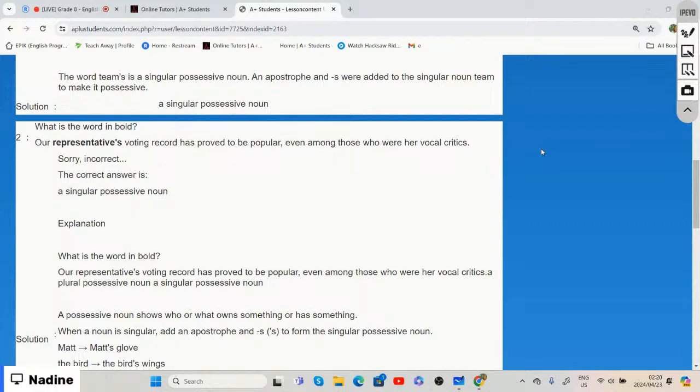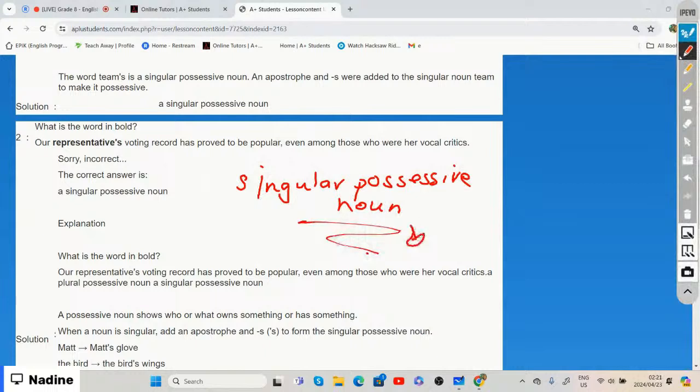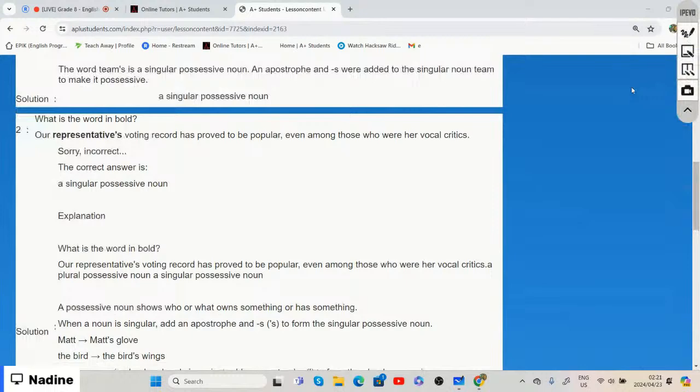All right, and if we choose the correct noun, we can say representatives' is a plural possessive noun, right? And basically, it tells us who or what has something or owns something, right? And that is basically your possessives.